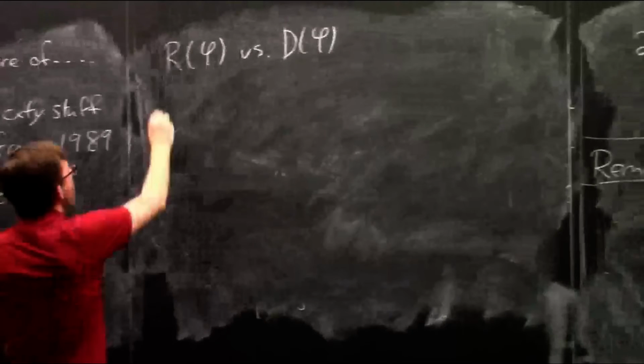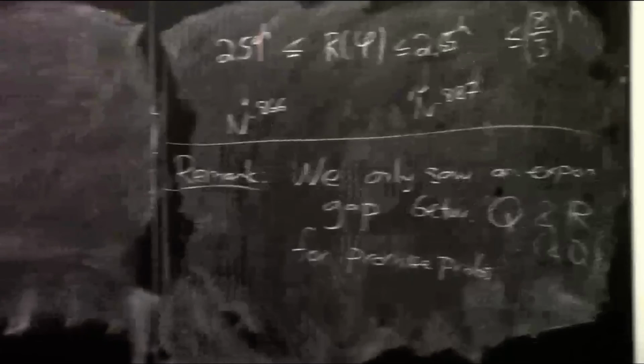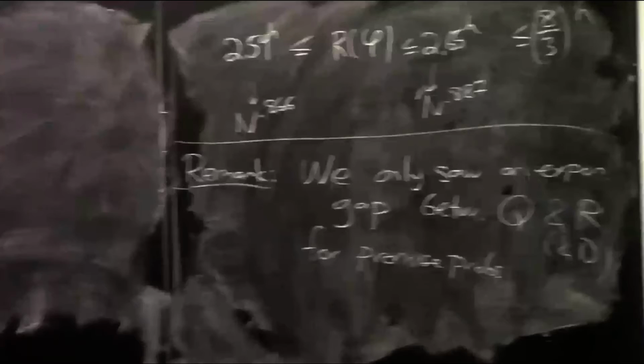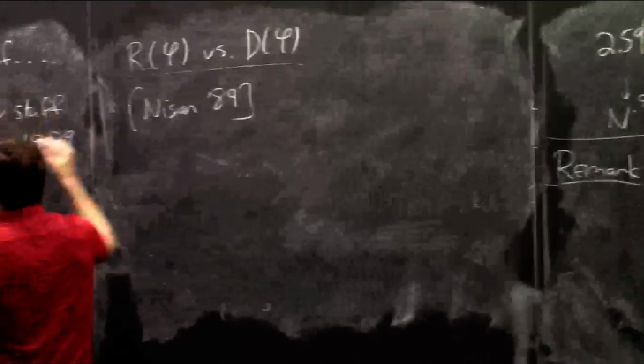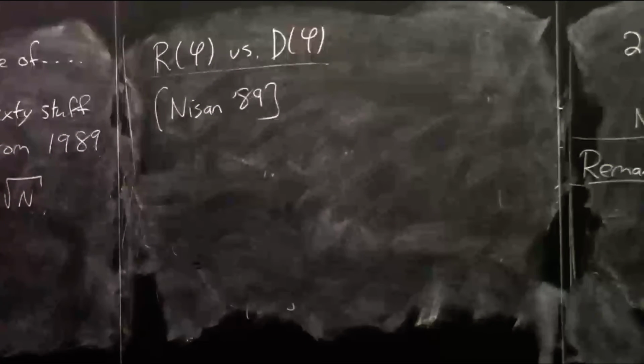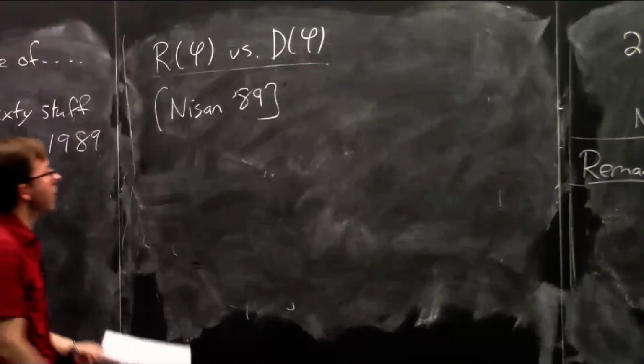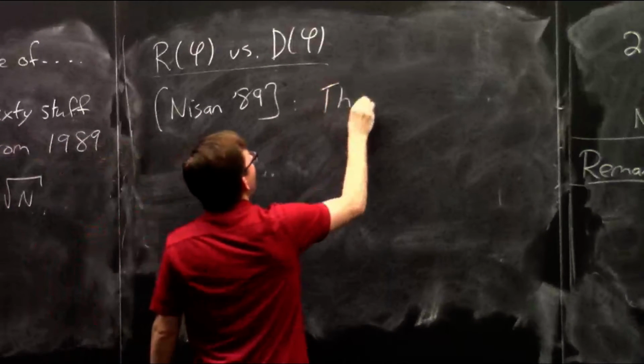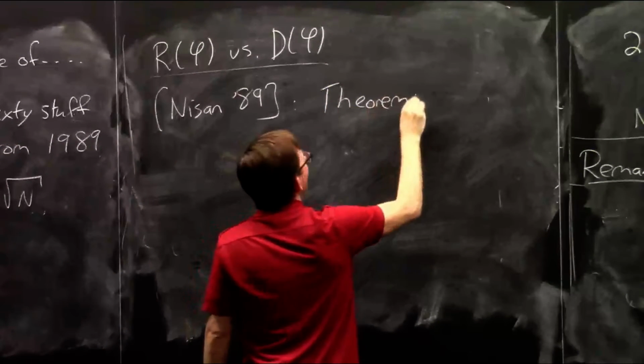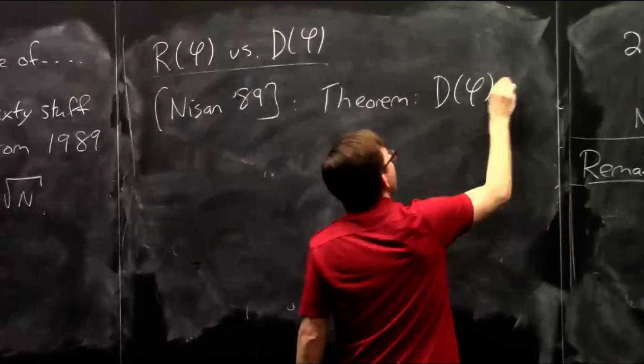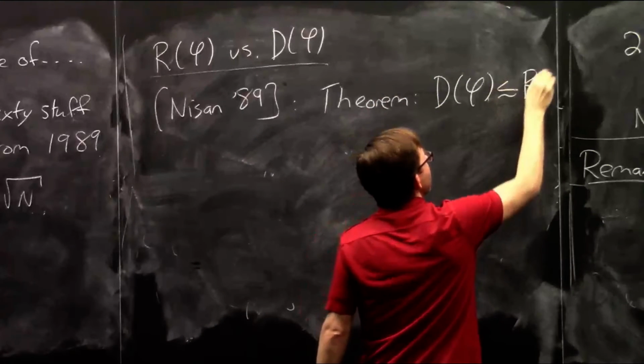And a hero came along in 1989, Noam Nisan. And he proved this, but for randomized. So he showed this theorem: the deterministic complexity is at most the randomized complexity cubed.